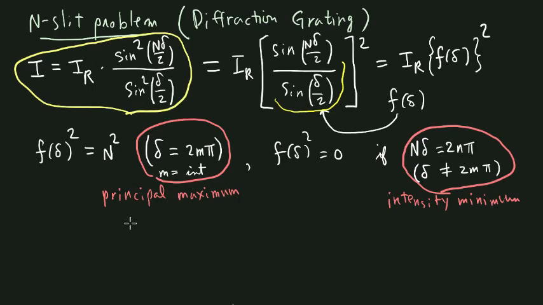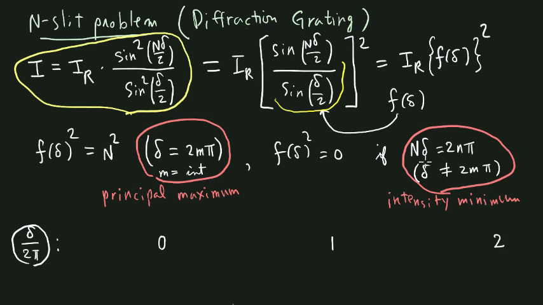The conditions that we just figured out can be summarized as follows. Instead of considering delta, it's convenient to consider delta over 2 pi. So when delta over 2 pi is an integer, we get this principal maximum condition. So 0 is an integer, 1 is an integer, 2 is an integer.